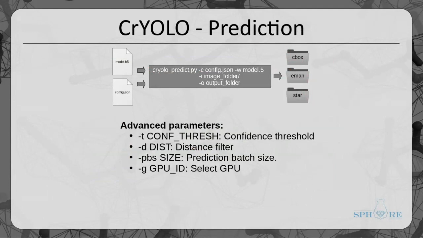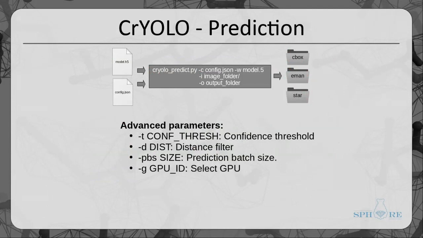If you only want to pick particles with a specific distance, you can specify it here in pixels, and crYOLO will remove particles which are too close to each other. But if your training data contains a specific pattern that you did not pick into, let's say, too crowded regions, it is not going to pick in those regions, because it always sees the complete context.